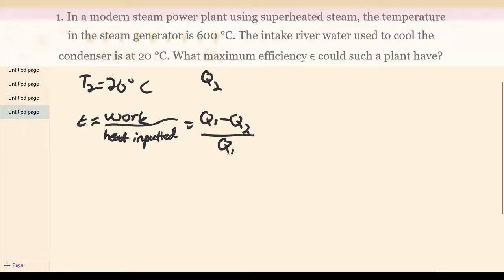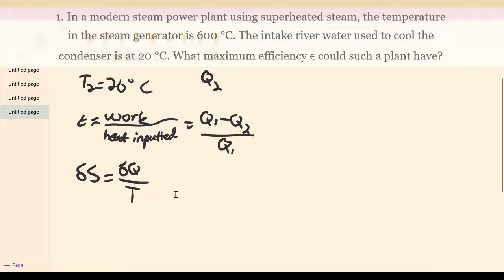So when we input the heat Q1, and when we remove some amount of heat Q2, it causes the entropy to change. And the formula for this is delta S, the change in entropy, is equal to Q over T, where T is the temperature.